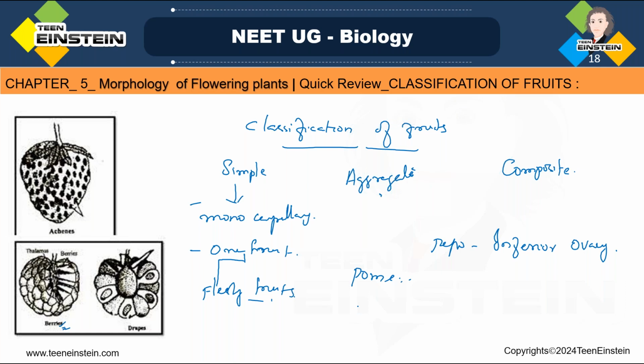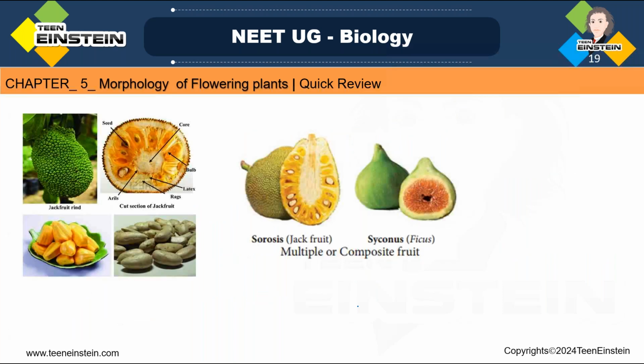Dry fruits can be divided into indehiscent, dehiscent, and schizocarpic fruits. Then about aggregate fruits.